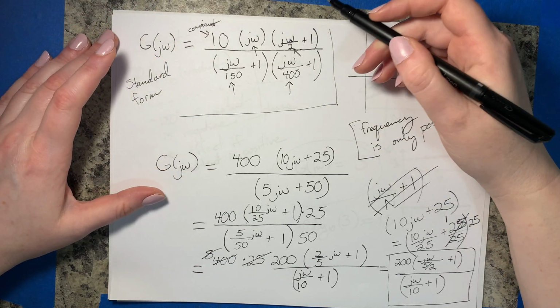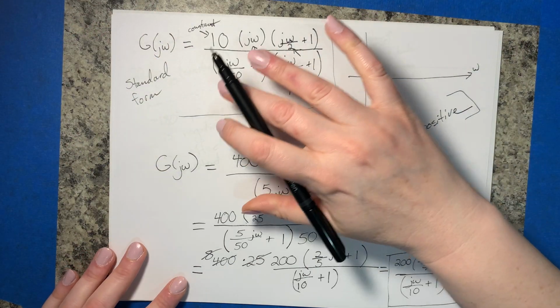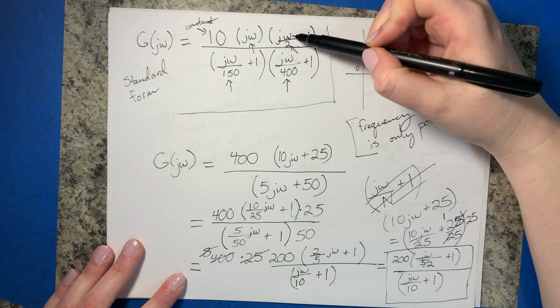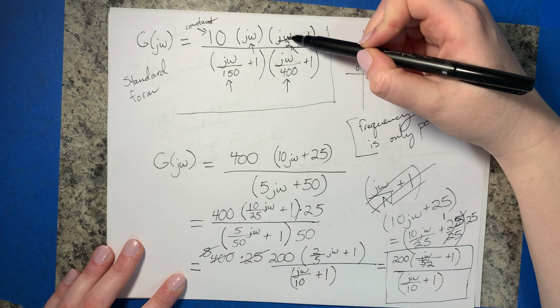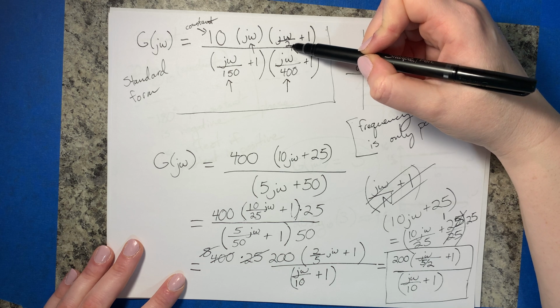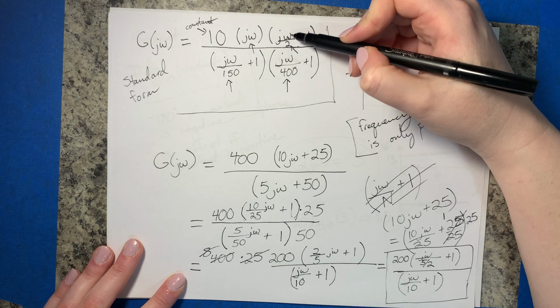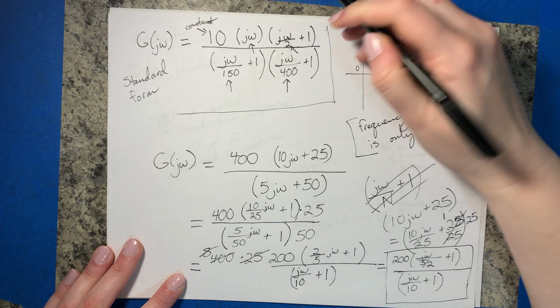If you think about this in terms of frequency being positive, then our critical frequencies happen when omega equals this value right here, and then we would echo the 1. We would have a j, of course, but we would echo that 1 right there.